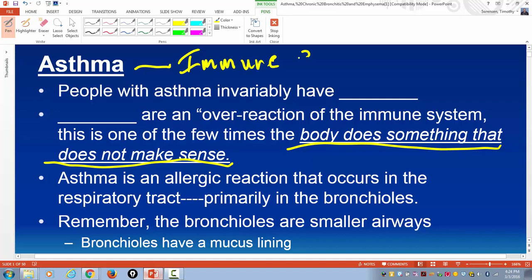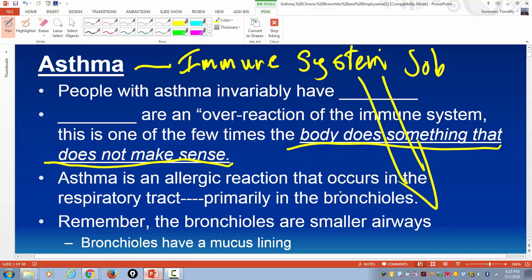The immune system's job is to do one thing, and that is to produce inflammation. Inflammation protects you, right? So the immune system produces this inflammation to protect you.